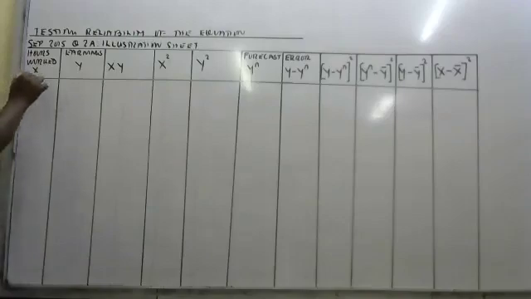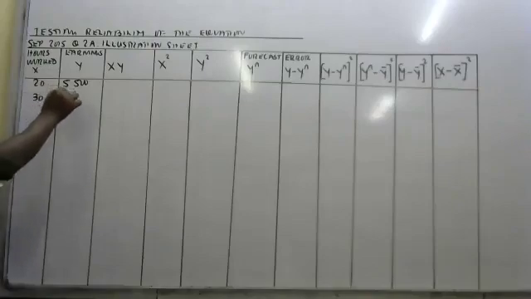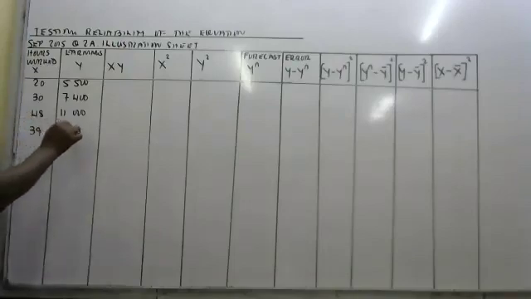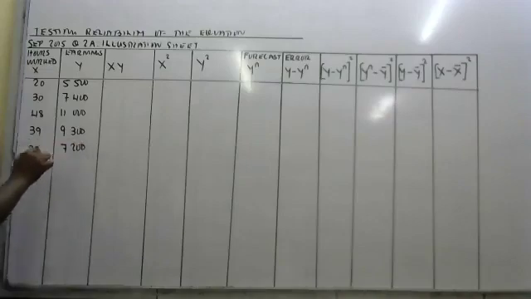So the hours worked, I have 20, earnings are 5,500. Then I have 30 with 7,400. Then I have 48 with 11,000. Then I have 39 with 9,300. Then I have 28 with 7,200. Then I have 14 with 4,300.